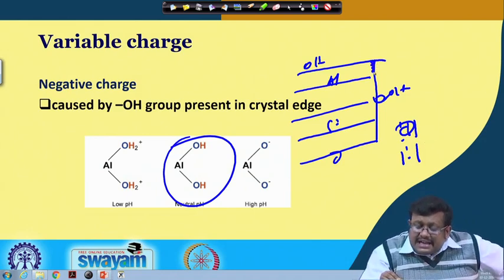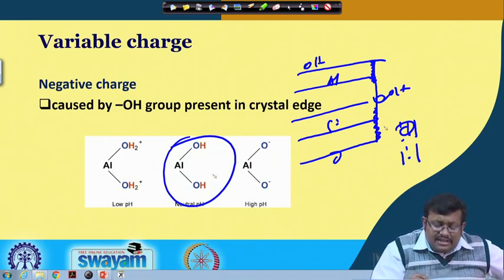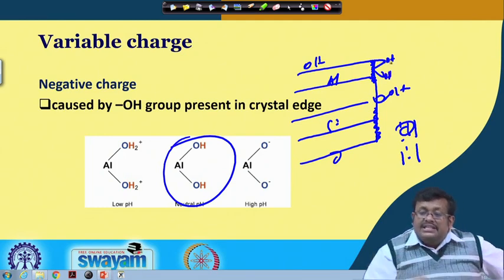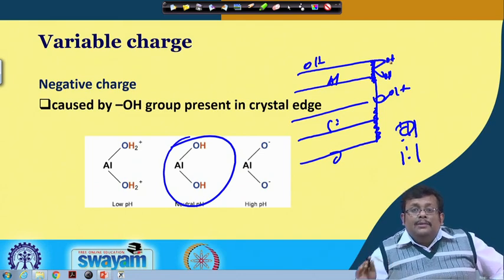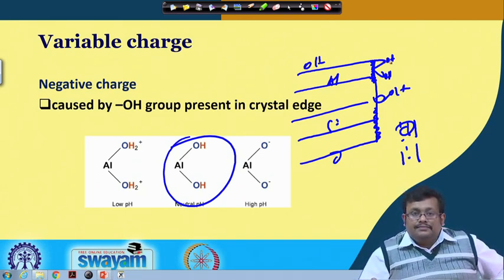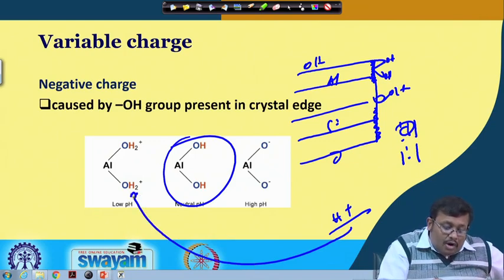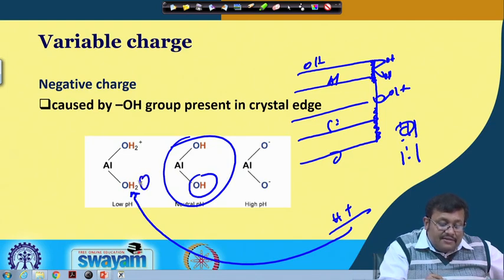So, these are some edges. When these types of edges are present, you will see hydroxyl groups present at the broken edges of aluminum. In case of lower pH, when there is high dominance of protons, we know that this proton will go and attach to this hydroxyl to form this positive charge.